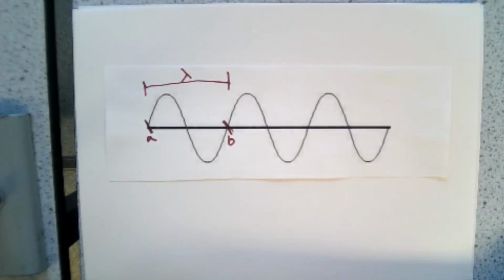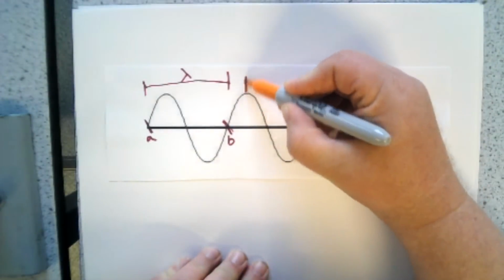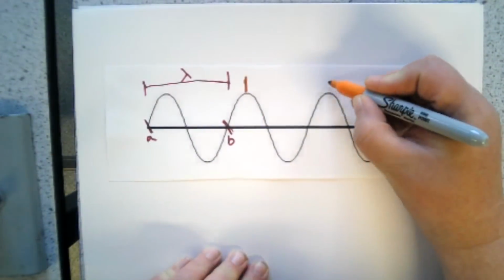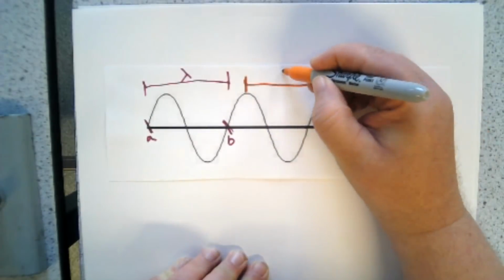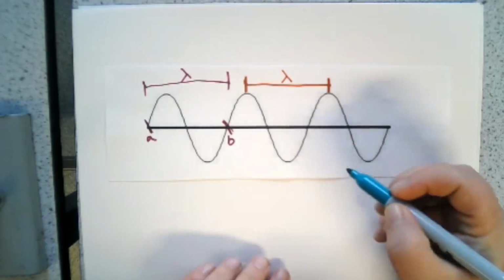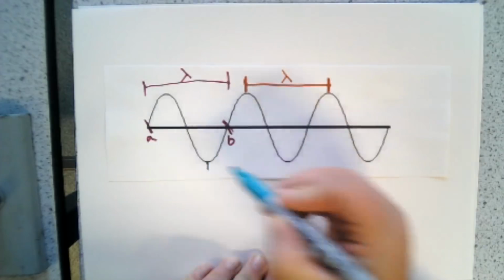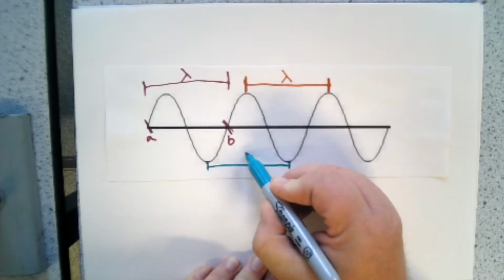The second way that I can work out a wavelength is to go from the middle of one crest to the middle of the next crest, and that would be one wavelength. Or I could go from the middle of a trough to the middle of the next trough, and that would be a wavelength.